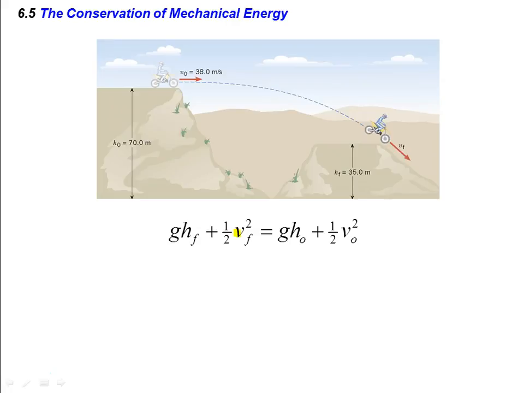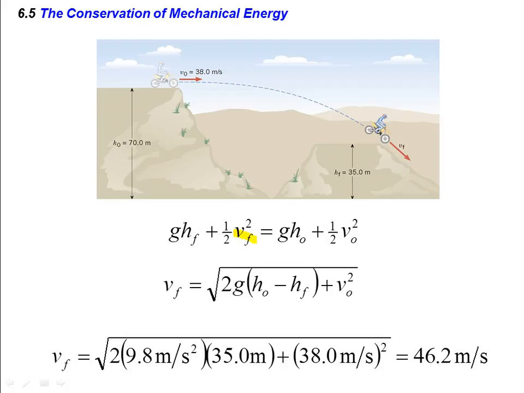Then we do just a touch more algebra to solve for v final, and we get that v final is the square root of 2 times g times the quantity of the difference in heights, plus v naught squared. Plug all those numbers in, and we get 46.2 meters per second.